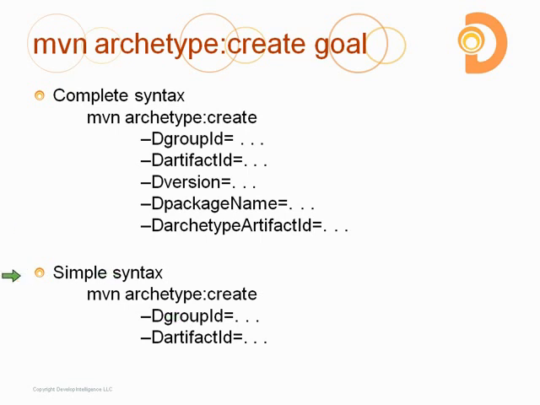A couple of quick things to note here: if I use the simple syntax, remember Maven adopts convention over configuration. So Maven is going to assume that the archetype you're trying to create in the simple syntax is a jar file, and that the jar file is going to contain a standalone Java application, which, to get something started, isn't necessarily a bad thing, but just be aware of that.